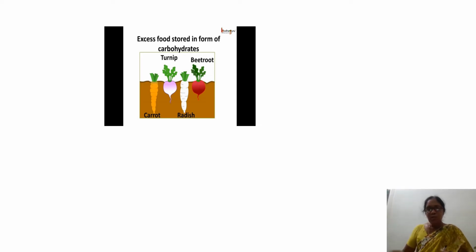So here, these are all roots. This is a taproot system. They're swollen, bulged. Why are they bulged? They're storing food. There is this extra function.